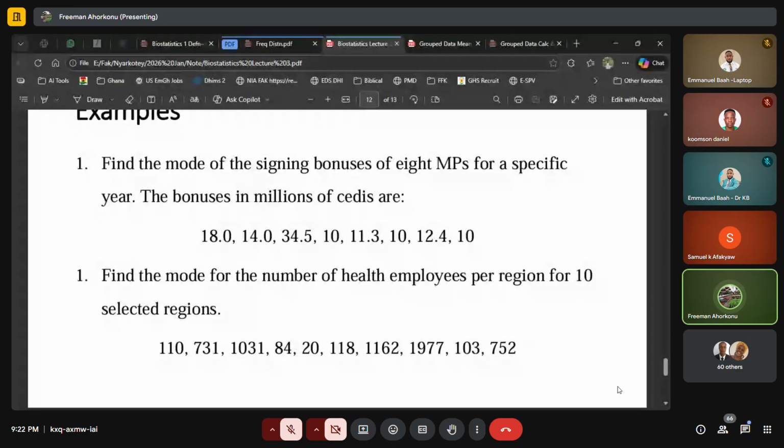If it's only one number, there is unimode, and that single number becomes the mode. If there are two numbers that occur the same number of times, then there are two modes, and we say bimodal data. If there are three, four, five that occur the same number of times, then we say it's multimodal. Okay, multimodal. That's all we are trying.